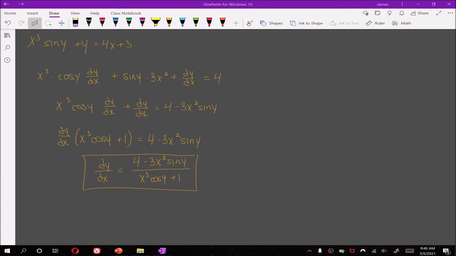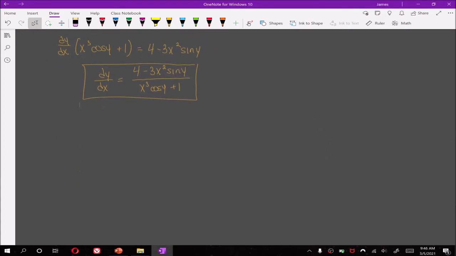All right, now let us consider once again the circle of radius 5, which was x squared plus y squared equals 25. Except this time we want to find the second derivative. Now remember, to find a second derivative, we're taking the derivative of dy dx.